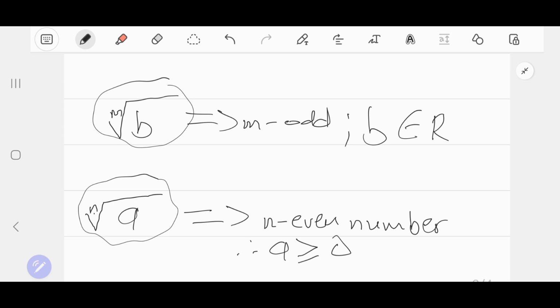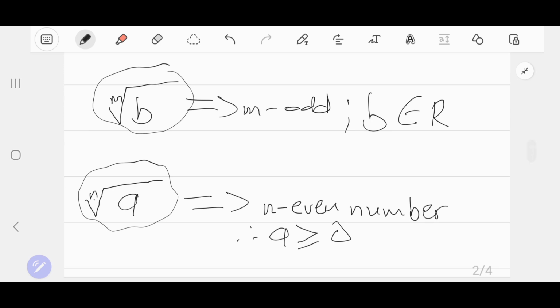It can be negative, it can be positive, because you will always find an answer. It will always make sense. So you need to distinguish these cases, people. So let's go on.